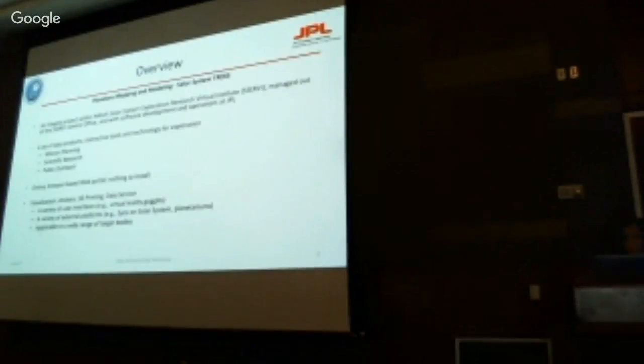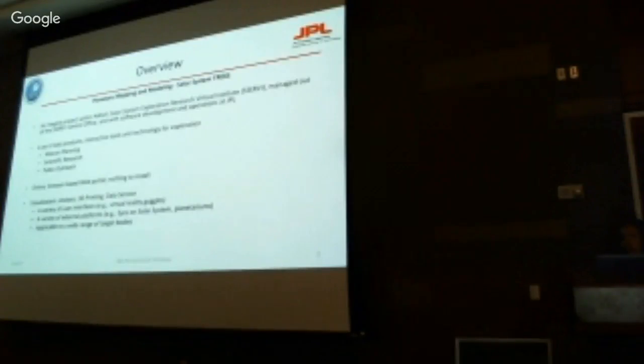You just go to the Chrome browser, type in the URL, and start exploring the different bodies that we currently have publicly available. What we want is to provide visualizations and analysis for the data sets that we collected from different spacecraft and different instruments.